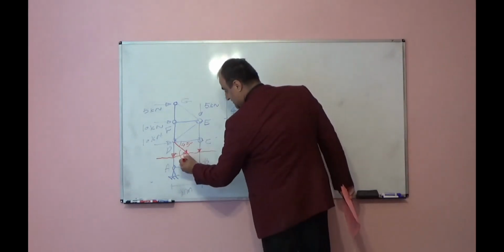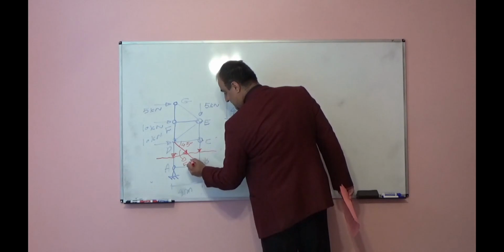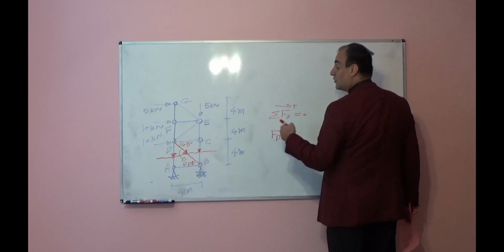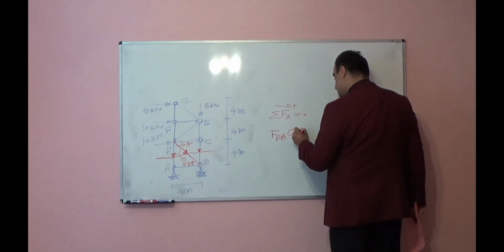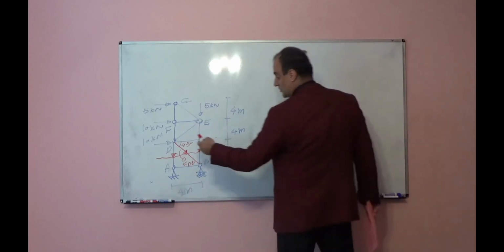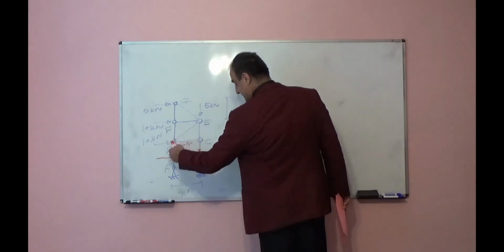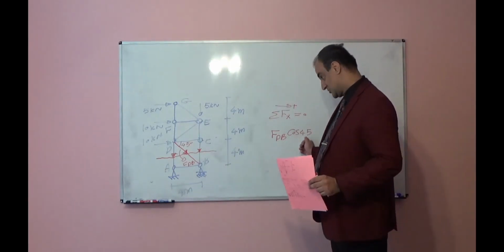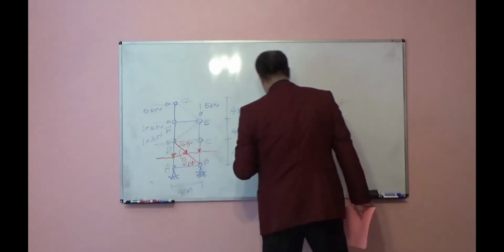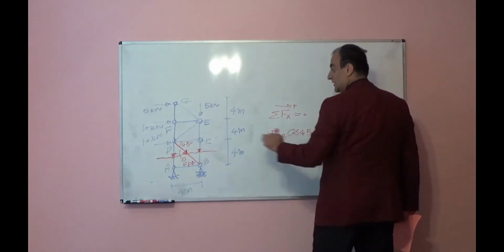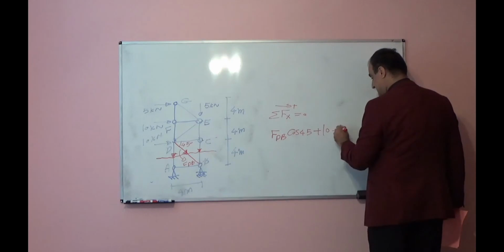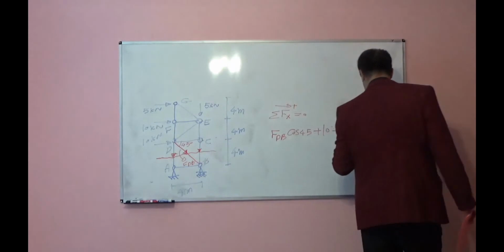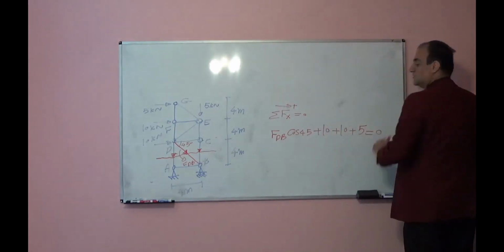This member force is FDB. I decompose this force in the horizontal and vertical direction. The component in the horizontal direction will be FDB cosine 45 plus 10 plus another 10 plus 5, all of them from left to right, equal to 0.